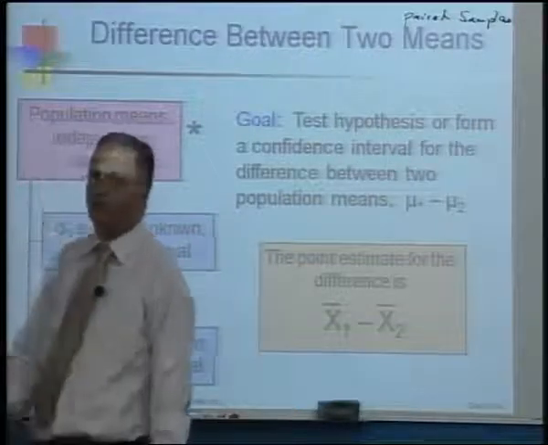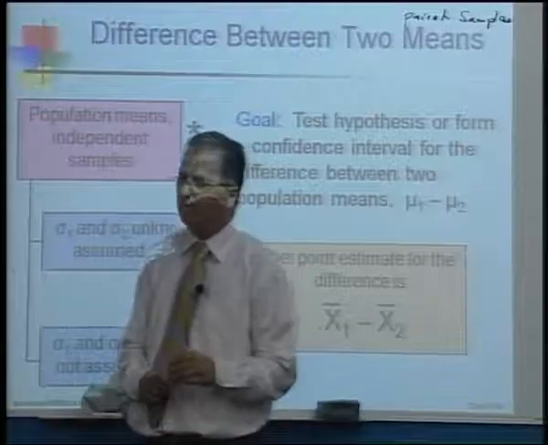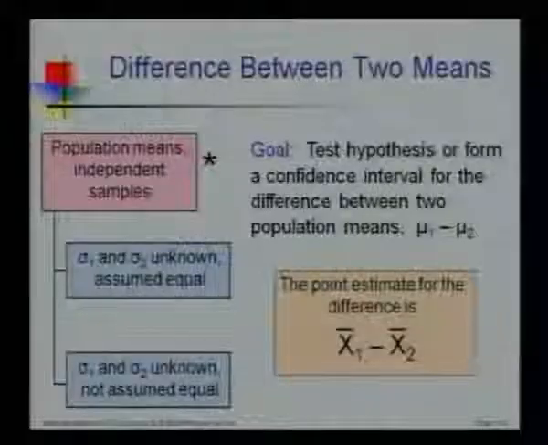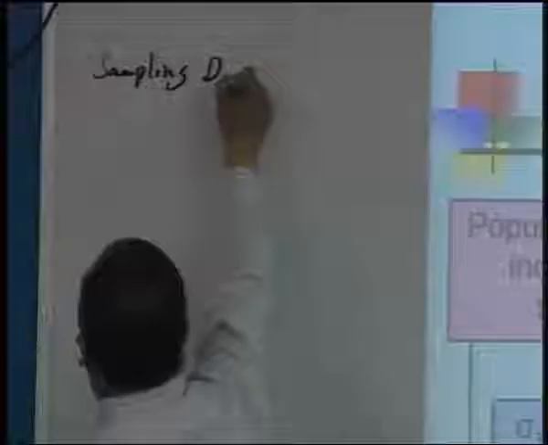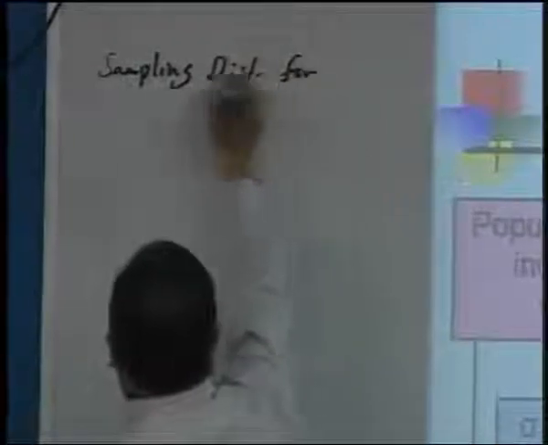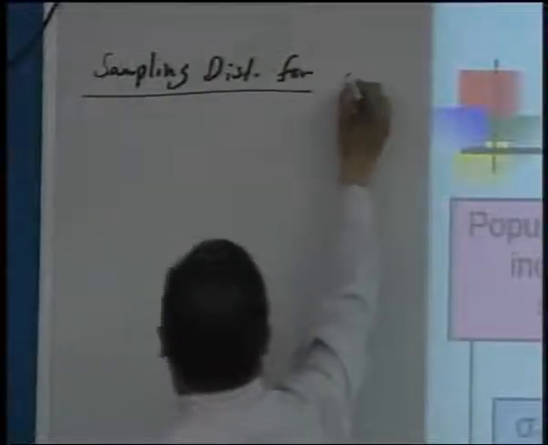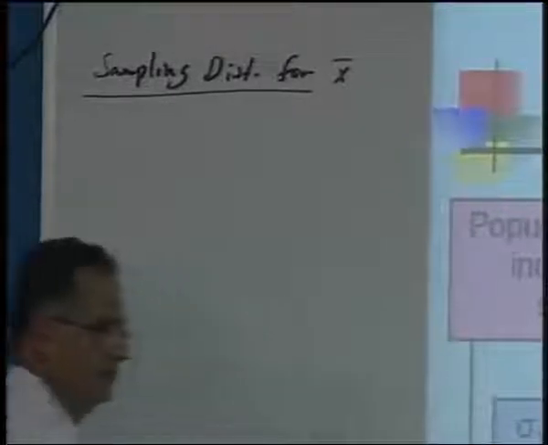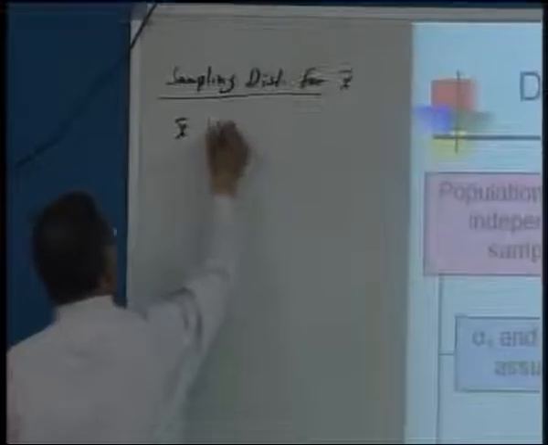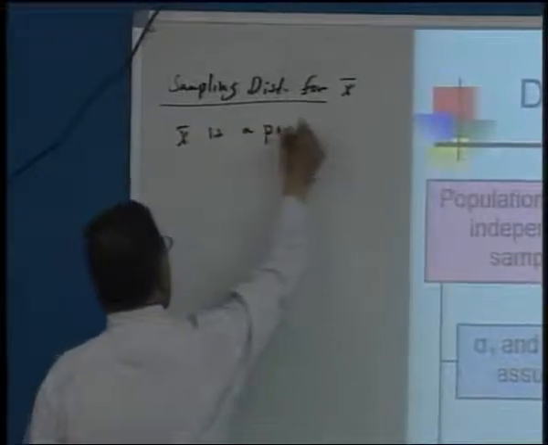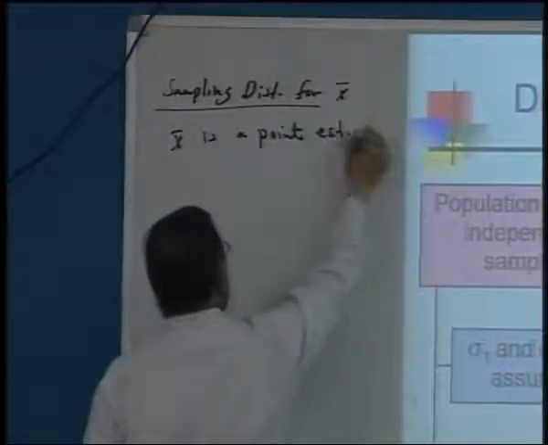We have to start with the sampling distribution, actually, of the difference between 2 population means. In chapter 7, we talked about sampling distribution for X bar. And we said that X bar is a point estimate for mu.